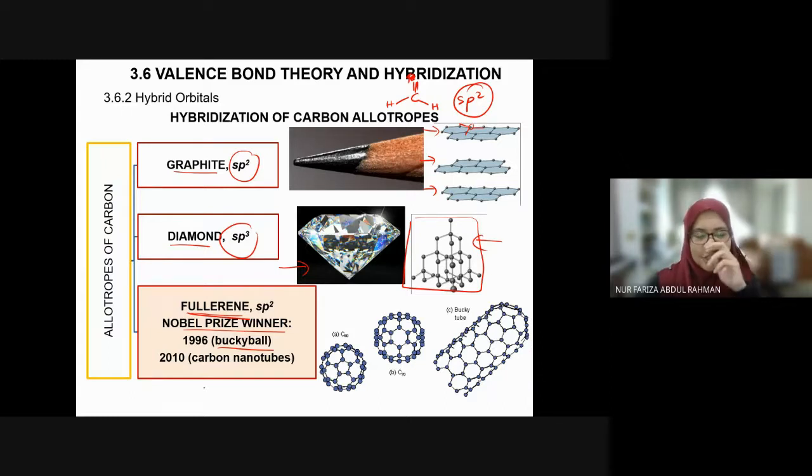Okay, so dia dapat privilege to name the material ataupun the allotrope after his name. Okay, and then 2010 which was very recent, sebab currently kita 2021. Kita ada discovery of carbon nanotube.